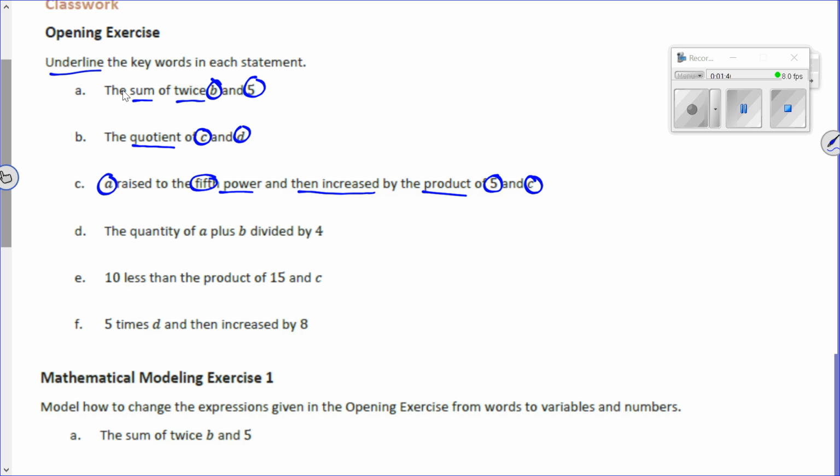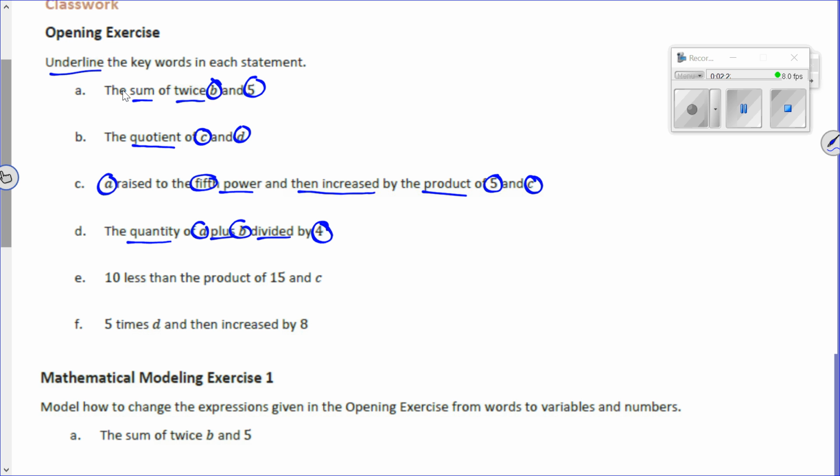Good. Okay, the quantity of A plus B divided by 4. What does quantity tell us in this case? Sean? It's the amount, it's the final answer of the addition and the division. Okay, but why is quantity important? It is a fancy math word, but it's a very important fancy math word.